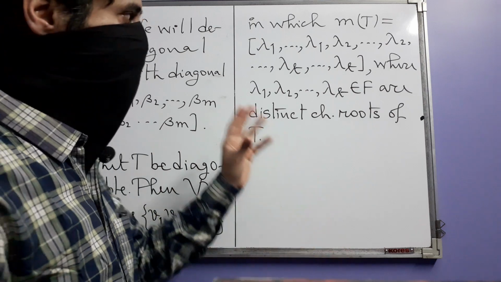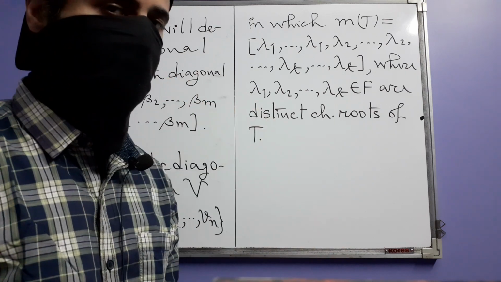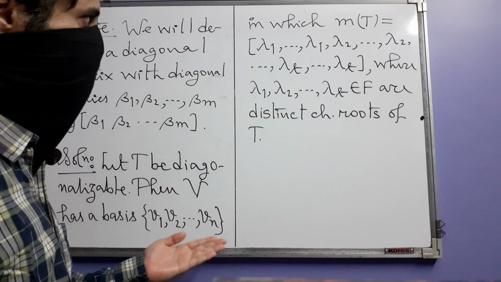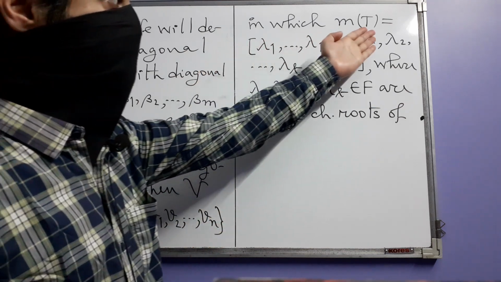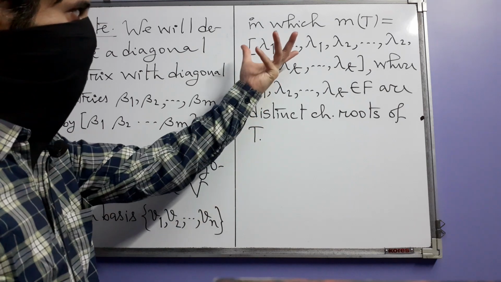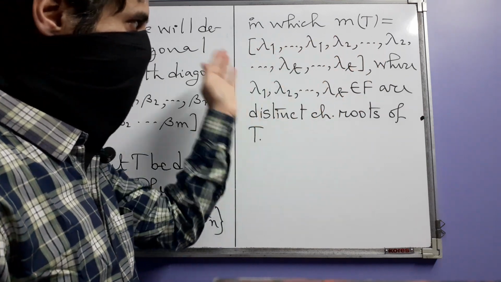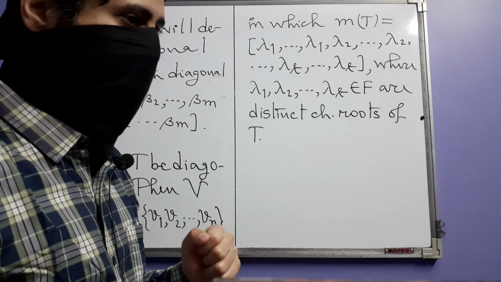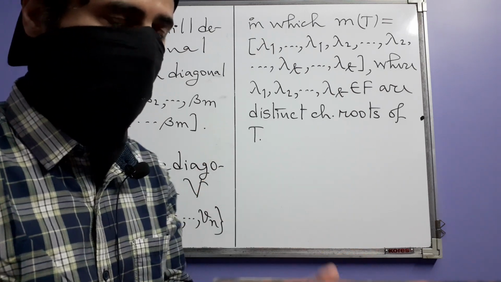Also, you can just simply rearrange the characteristic roots by rearranging this basis, so that way the matrix that you are going to have of T with respect to the basis will look like this. First you have the characteristic root lambda 1.